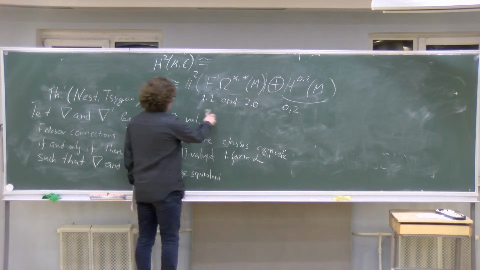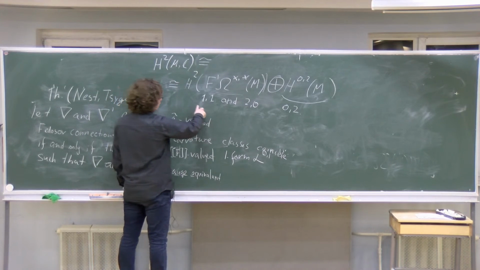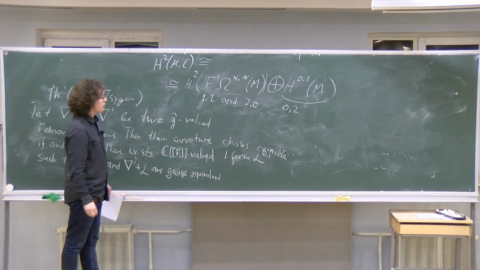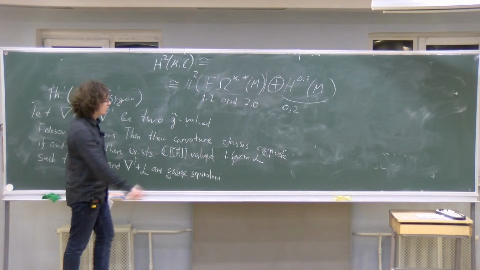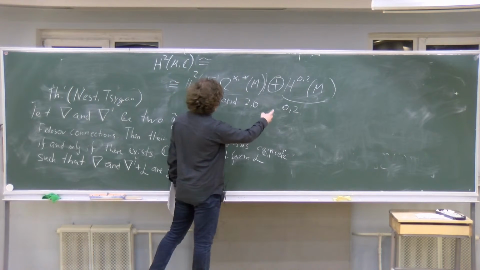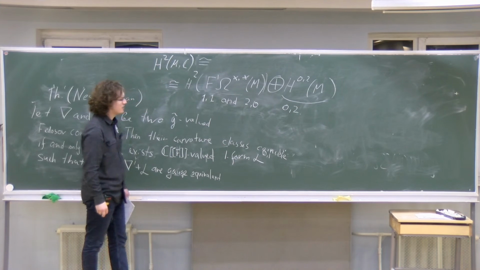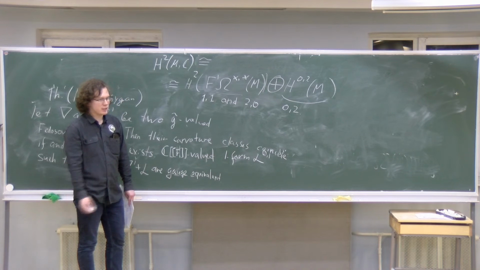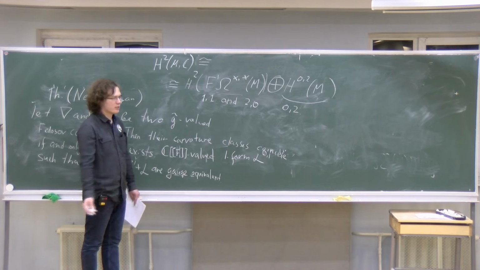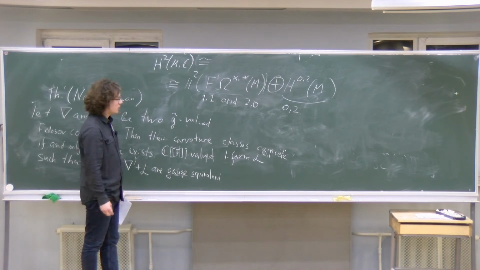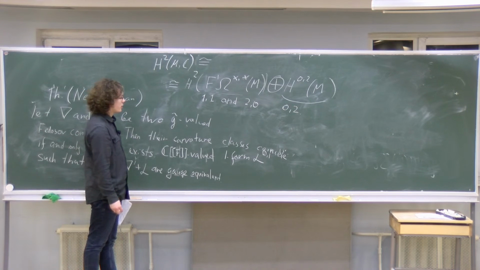For example, this. Well, this means that we have splitting in cohomology, just like in differential forms. Again, the splitting in cohomology is an additional assumption.